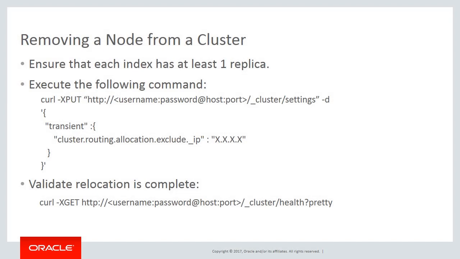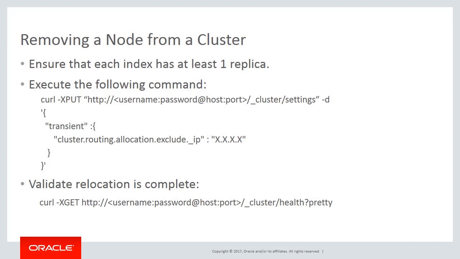Before you commence the process of removing a node, ensure that each index has at least one replica. You can use the Elasticsearch Interact page to verify the replica count by choosing the Indices option in the Cluster API drop-down list. Alternatively, you can use the Elasticsearch Cluster dashboard to view the replica information in PeopleSoft Health Center.